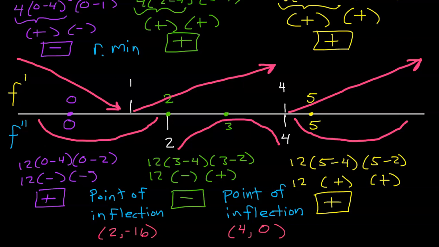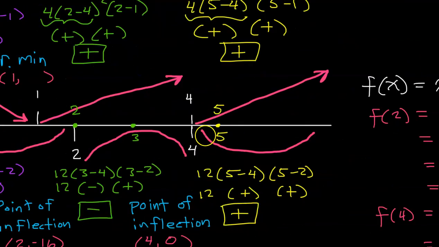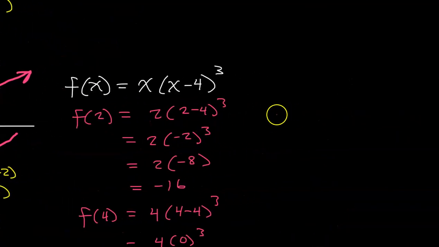Also, notice how the function goes from decreasing to increasing right here at the number 1. That tells us that we have a relative min at the point 1 comma something. Let's go ahead and find that y value.